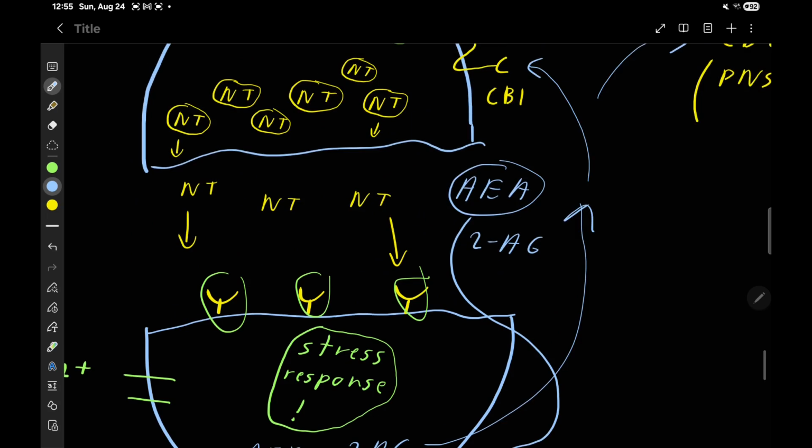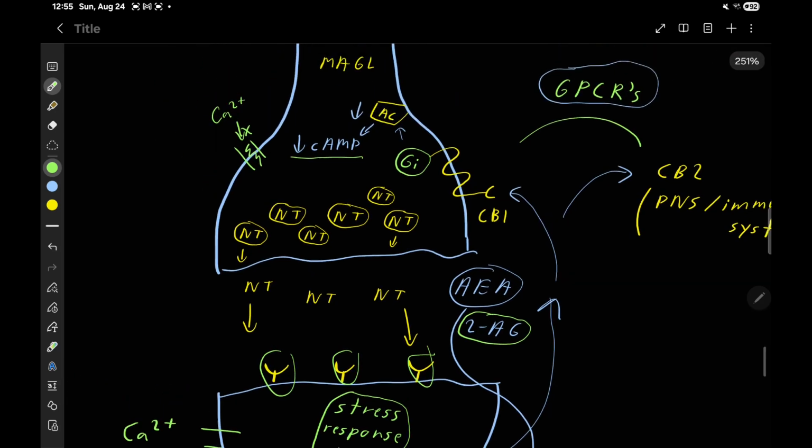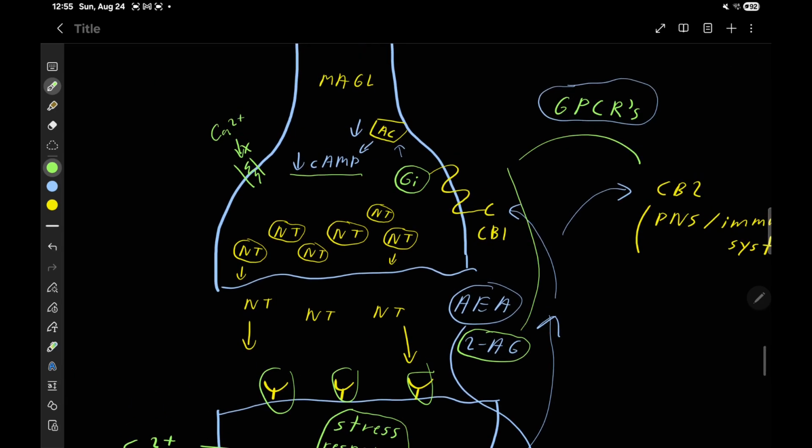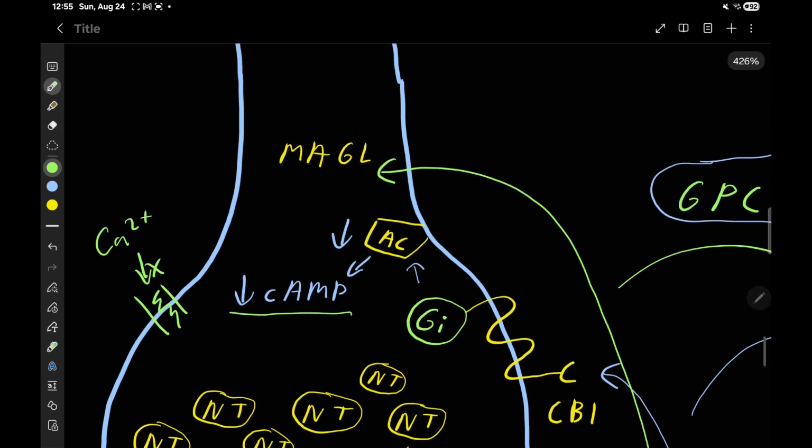On the other hand, your cannabinoid 2-AG, let me do it in a different color, it's getting messy. 2-AG, it gets uptaken into your presynaptic neuron, where it gets degraded by your enzyme MAGL. So that's how your cannabinoids are terminated.